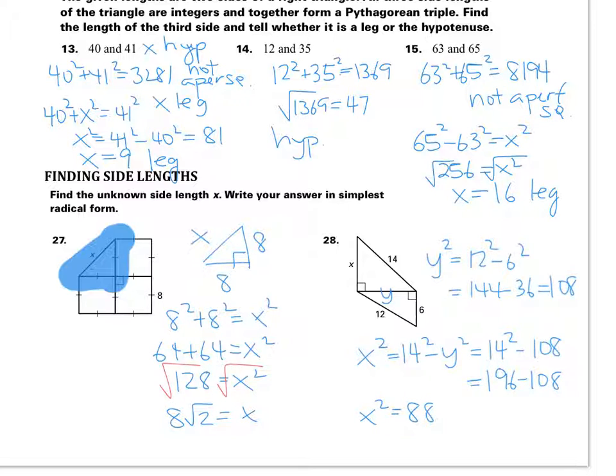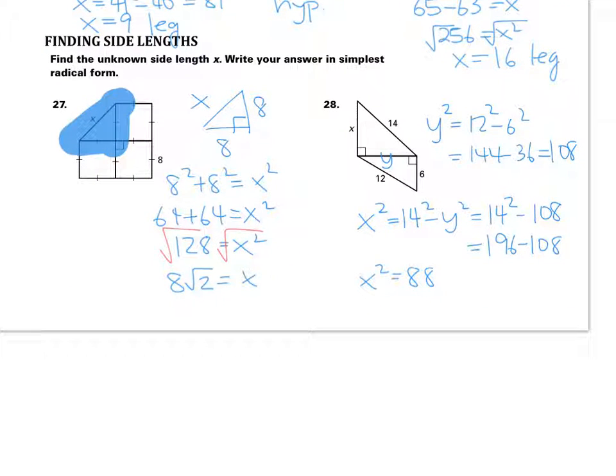And then simplest radical form. This is 4 times 22, so 2 root 22. And this concludes the first section with Pythagorean theorem.